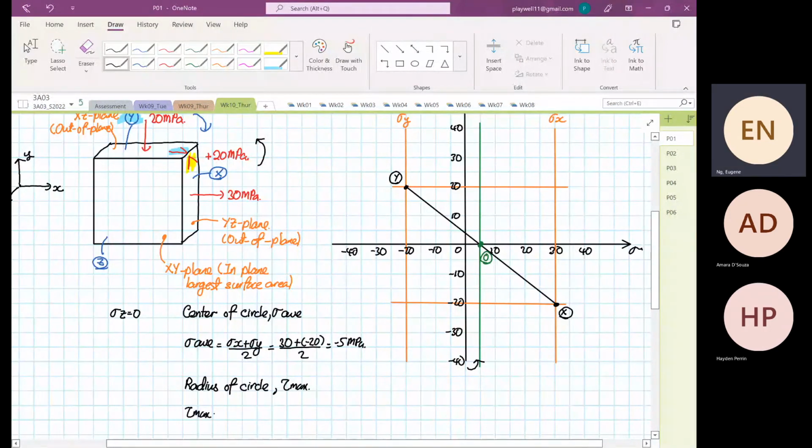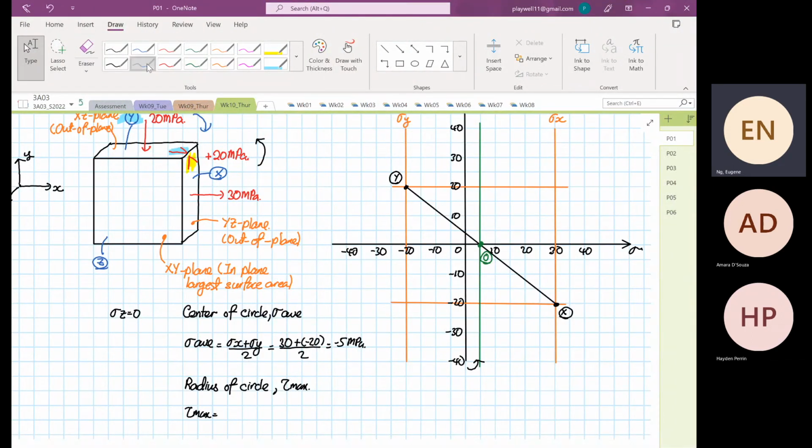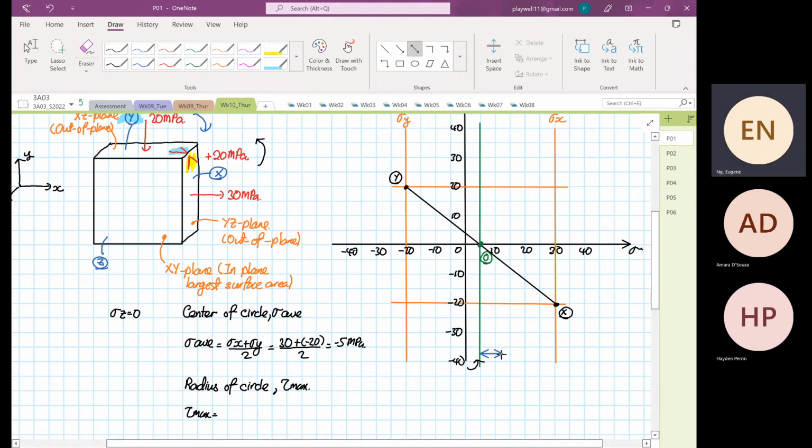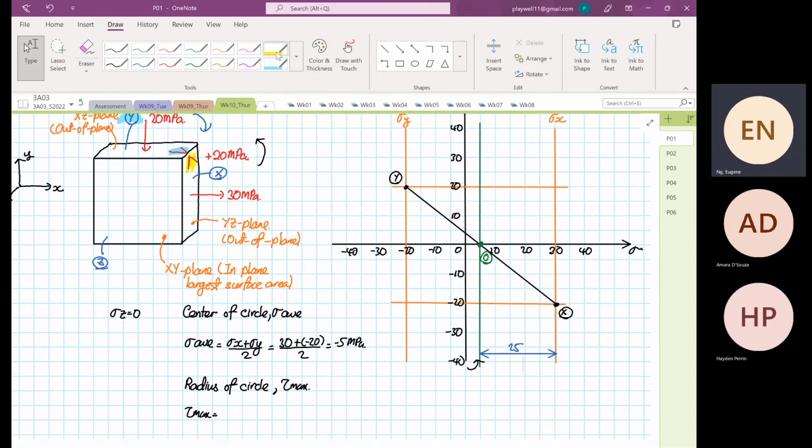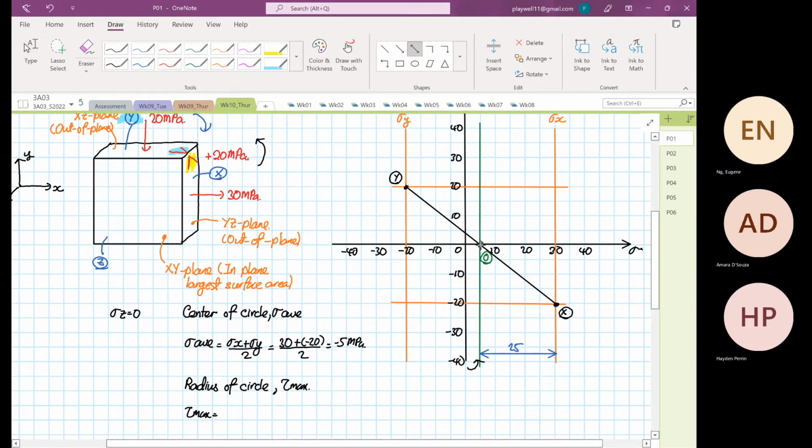What we are trying to identify is this distance from here to here.